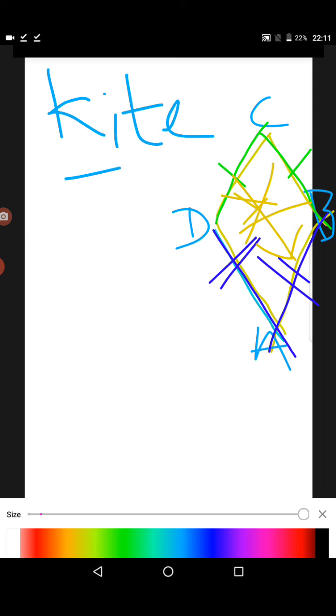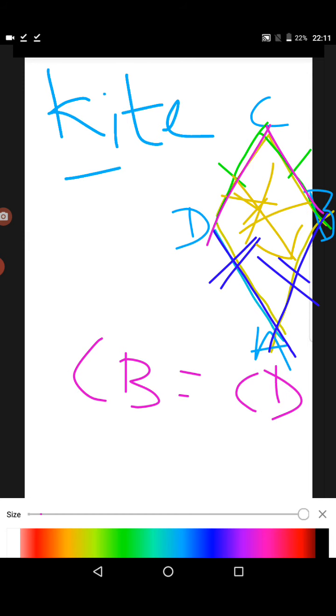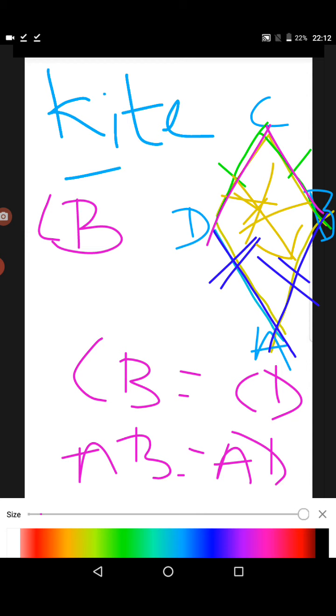So let's write the symbolic form for it. CB equals CD, because we have already discussed that two pairs of adjacent sides are equal. Next is AB equals AD. That also I have shown you. Next CB equals C, oh, this I already showed you, sorry.